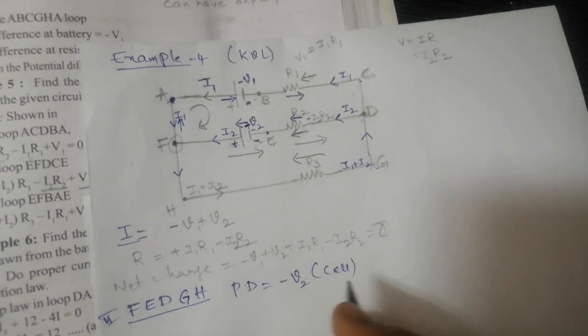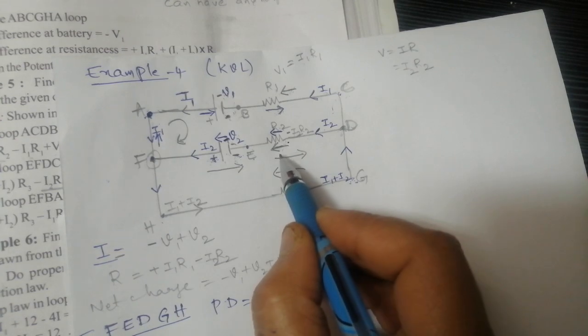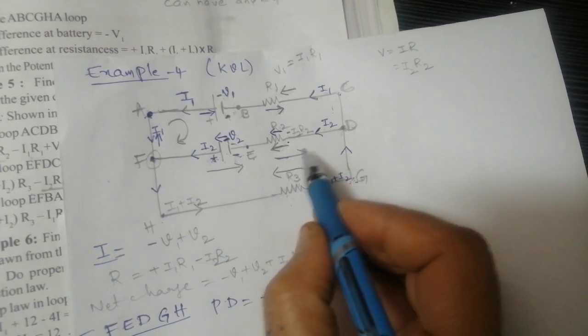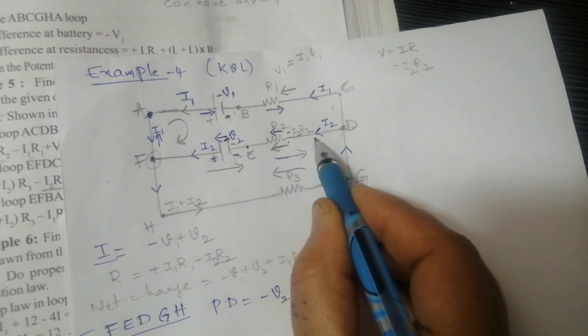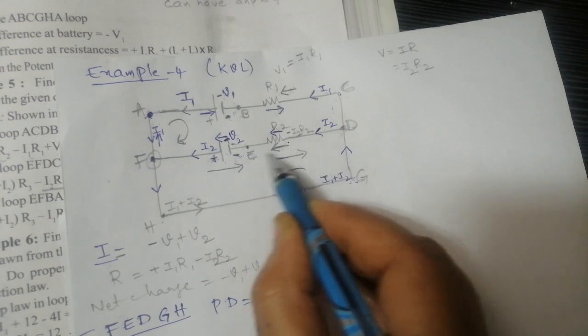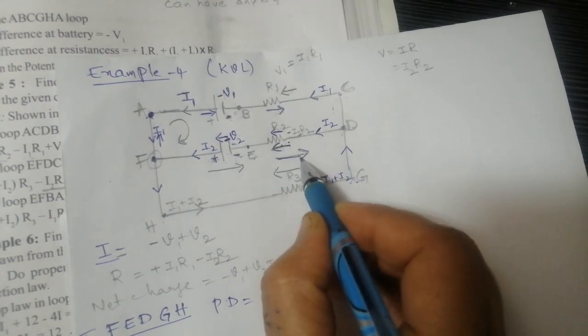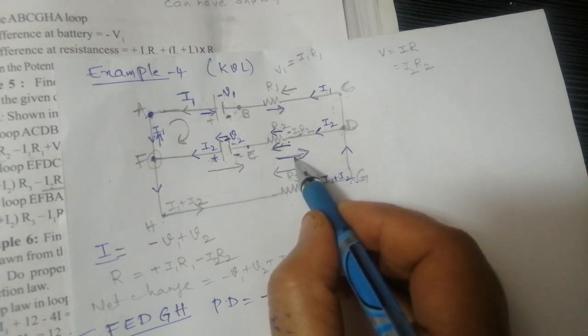Now we have to consider the current here. See how the current is coming here, the direction of the current. This is the circular loop, and the current is coming in this direction. So here, this one and this one: if both are in opposite directions, what will we write, plus or minus?